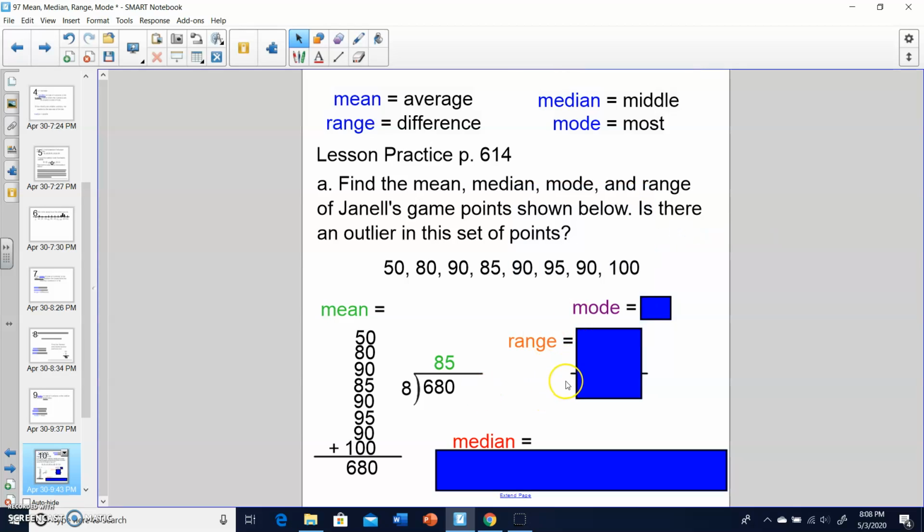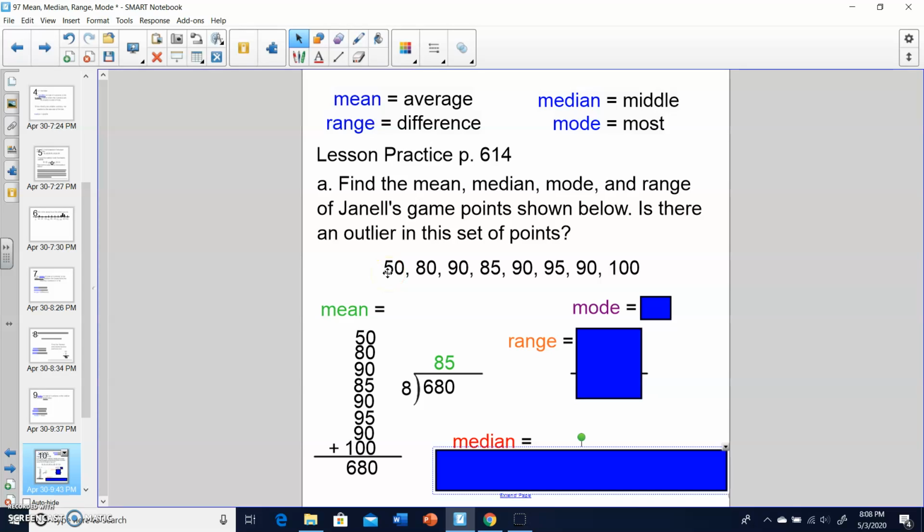Okay, go ahead and find the median, which again is the middle. Pause and find the median. In order to find the median, first you need to put them in order from the least to the greatest.